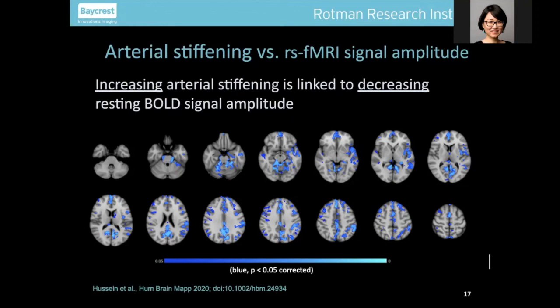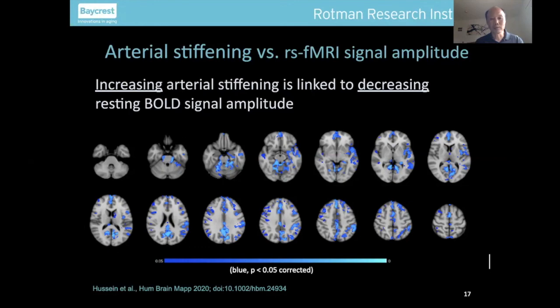Yeah, so this is a tough question. If you looked at the fluctuations in larger arteries or larger veins, or you had arterial spin labeling, so there are some measurements.